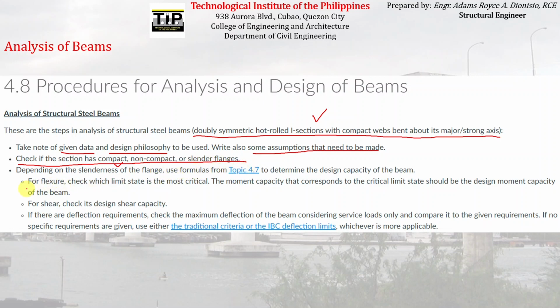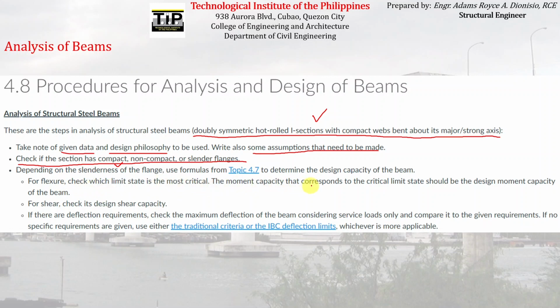Okay, so first you have to check for flexure. You have to check the limit states for flexure, and which limit state is the most critical, whether yielding, lateral torsional buckling, or local buckling. You have to check all of those with respect to flexure checking.